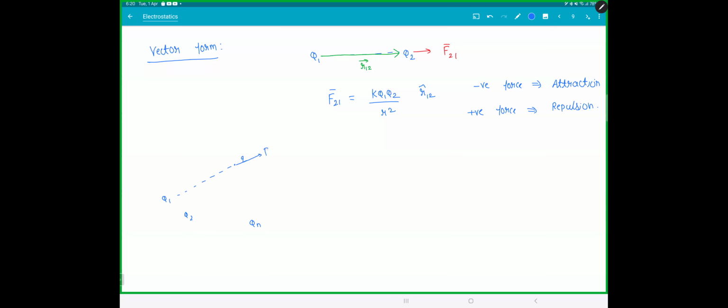Let's say this one is giving force F1 bar, this one is giving force F2 bar, this one is giving force Fn bar. Just like vectors, the net force on the charge Q is simply the vector sum of all forces, meaning I cap, J cap, you can resolve them and add them up. So all your vectors and Newton's laws of motion, everything is valid. The only thing is that the value of F is given by K, Q1, Q2 by R square.